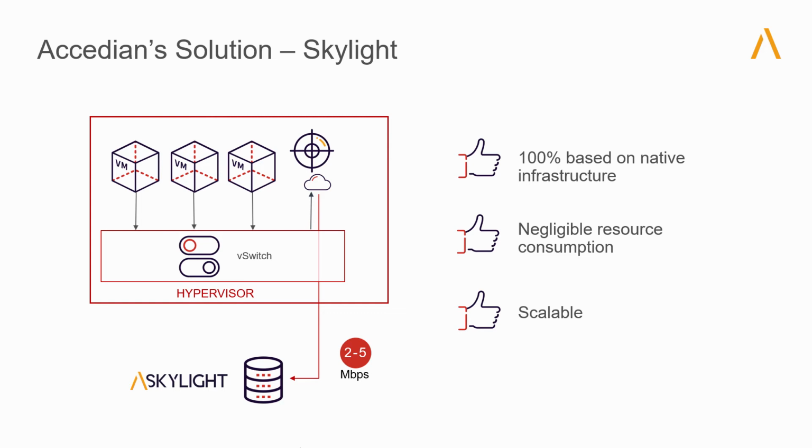We're not trying to replicate all of the packets back to that device. We're actually sending between 0.2 and 0.5% of the overall observed traffic. So when monitoring at 10 gigabits per second, that's typically about 2 megabits per second of overhead that's added, right? So a very, very thin stream, very lightweight, scalable, and, as we say here, 100% based on the native architecture, right?